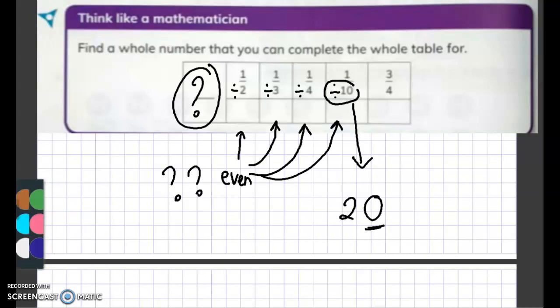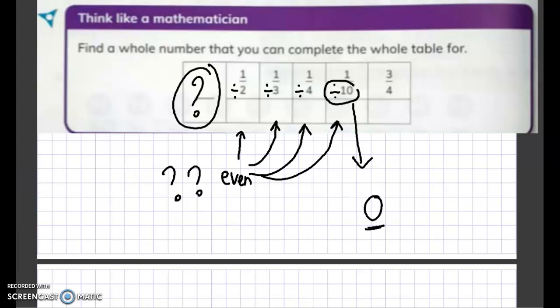Okay, so 3 is out. No, not 20. 30. 30 can be divided by 2, 3, 10, but not 4. Okay, so no. Let's try 40. Can 40 be divided by 3? No.